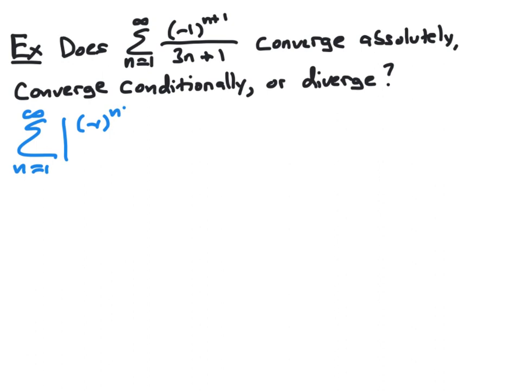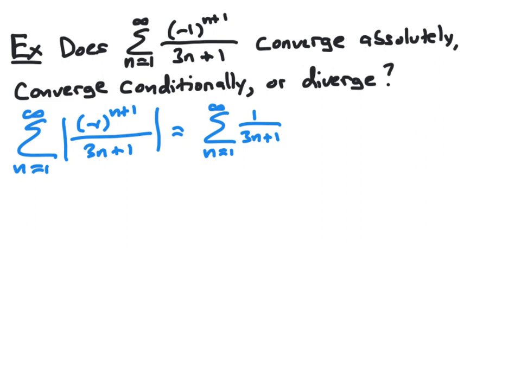In this case, when we take the absolute value of (-1)^(n+1) over 3n + 1, the absolute value neutralizes the alternating sign, the (-1)^(n+1), and we're left with the series with term 1 over 3n + 1. And now we have a series with positive terms, and we have an array of tests that we can apply to this particular series.